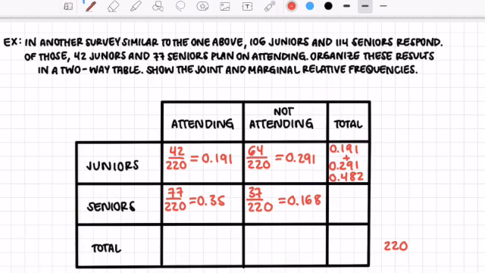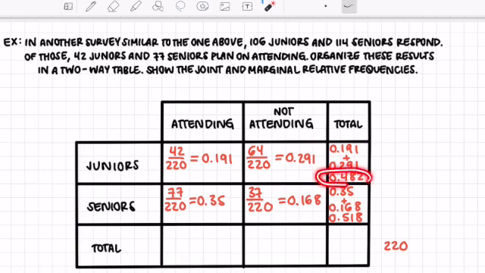Then over here we have 0.35 adding with 0.168, which would equal 0.518. And again, this just tells us the percentages.